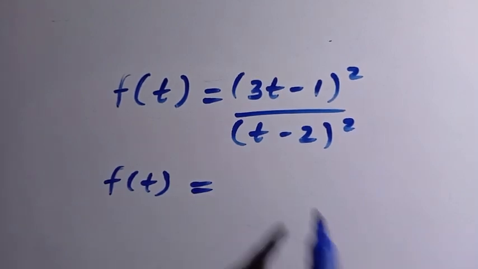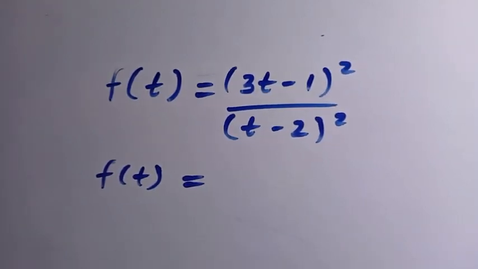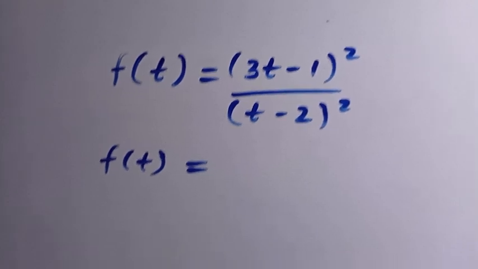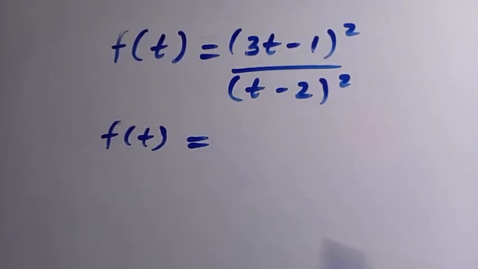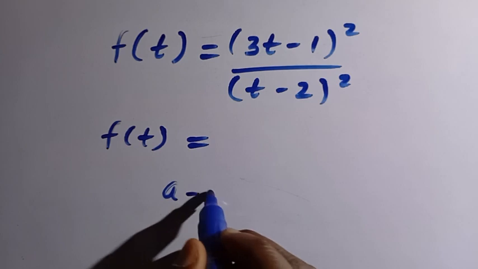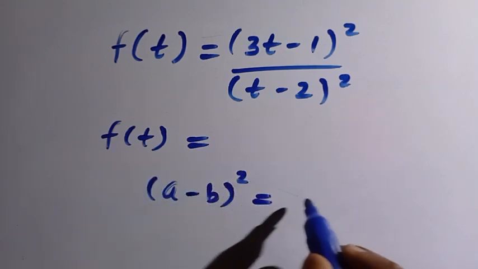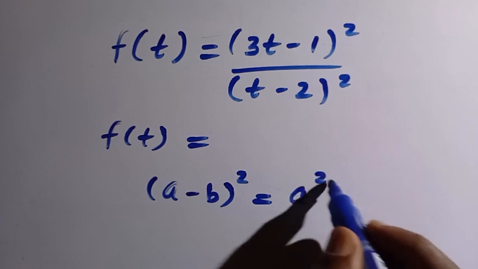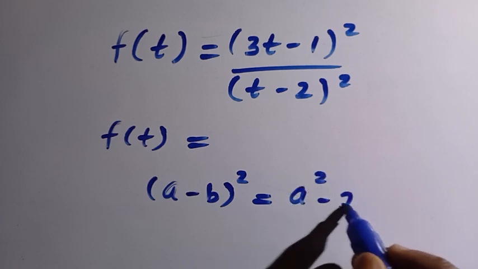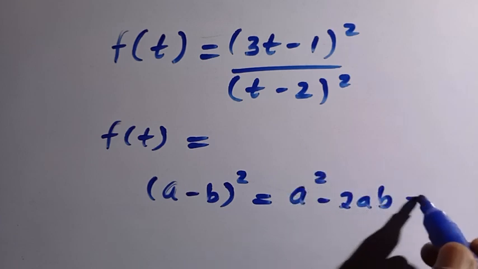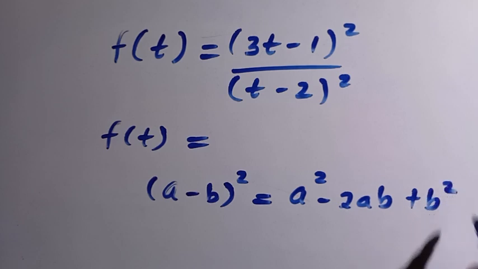This equals, so let's try and expand (3t minus 1) squared. But before that, we have to note something here as well: let's say we have (a minus b) squared. So this equals a squared minus 2ab plus b squared.